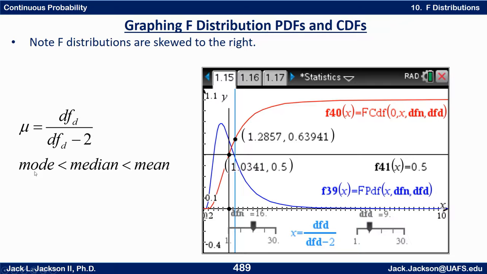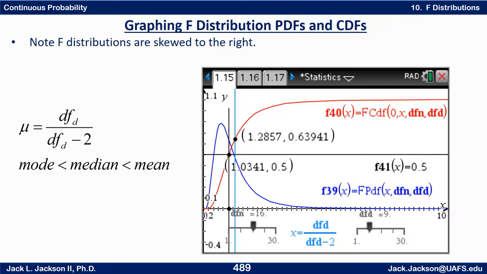So they're in the order mode, then median, then mean in increasing order, just like they are for the chi-square distributions, and the median being less than the mean is definitely true for any distribution that skews to the right.